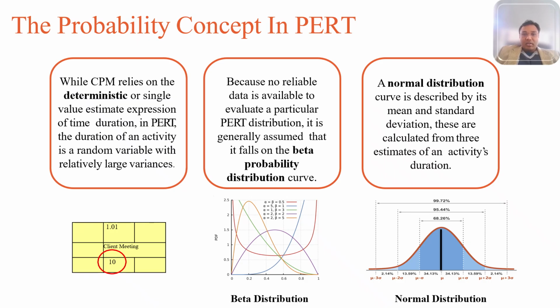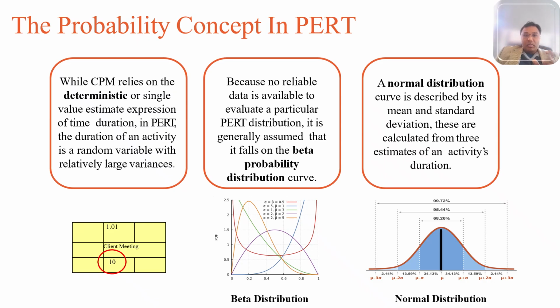Standard deviation measures how spread out values are around the mean. A bigger standard deviation means greater uncertainty. Also in PERT, the most likely estimate carries more weight across the range. Standard deviation reflects how far the pessimistic and optimistic times are from the mean.